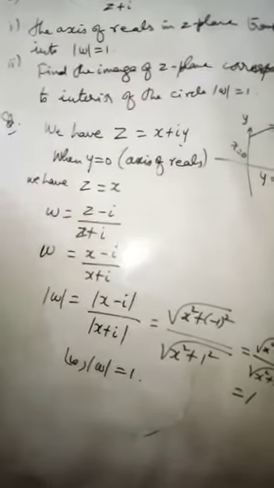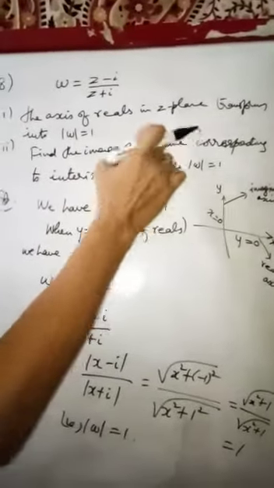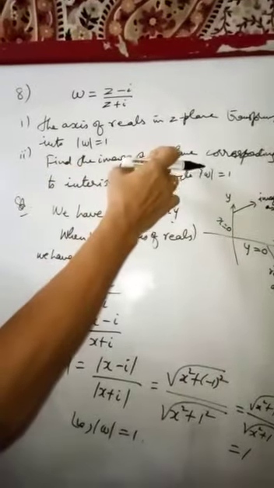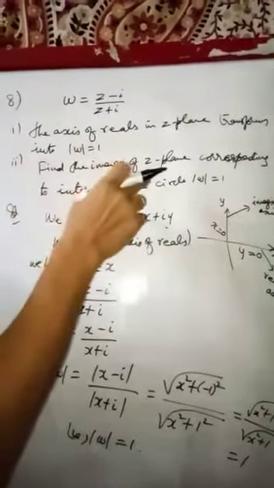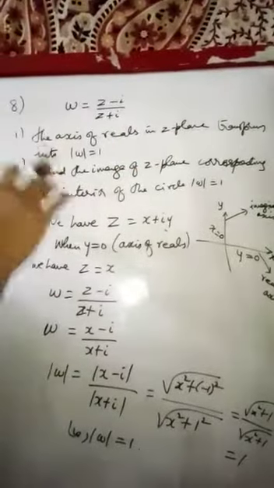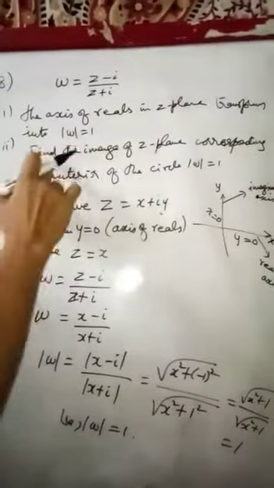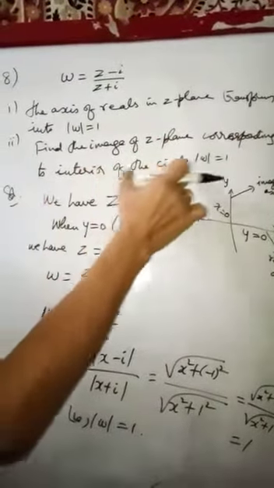Now come to the second part. We have to find the image of the z plane. So far in all the problems, we have found the image in the omega plane. A region in the z plane will be given and you have to find the region in the omega plane. For this problem, they are asking in reverse order: finding the image of the z plane corresponding to the interior of the circle mod omega equal to 1.